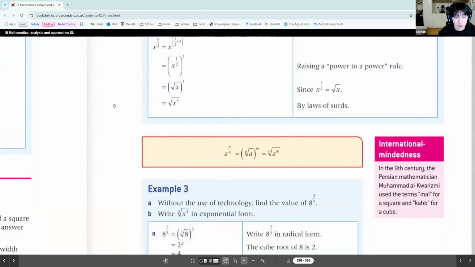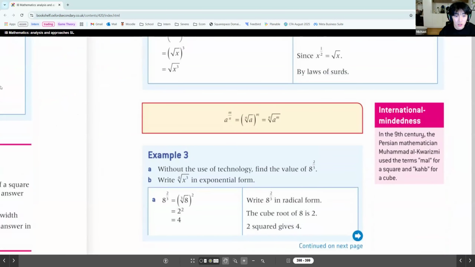All right, then we move on to some questions. Oh, here it says, yeah, this formula says m/n, but the problem with this formula is that it's not a pure formula. You could technically think about this as 1/n times m, right? So if we have a to the power of m/n, sorry, a^m to the power 1/n, right?